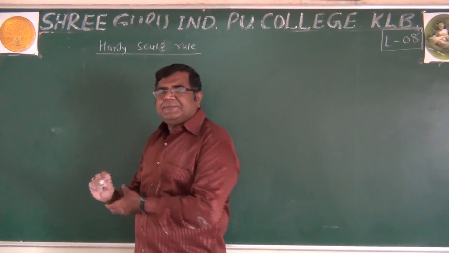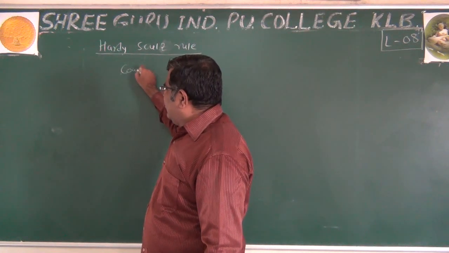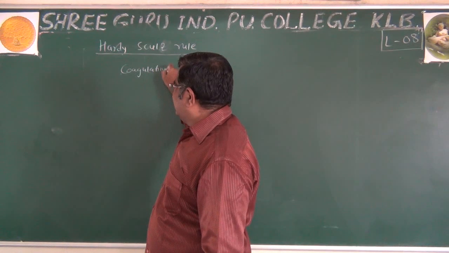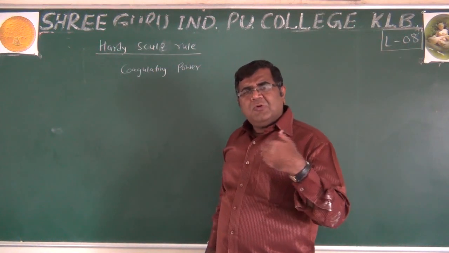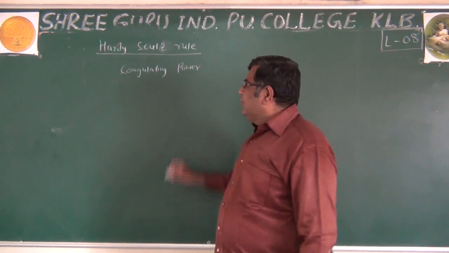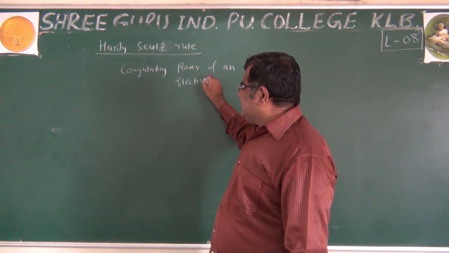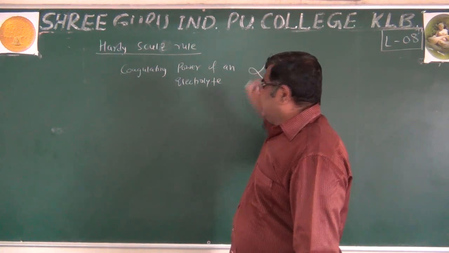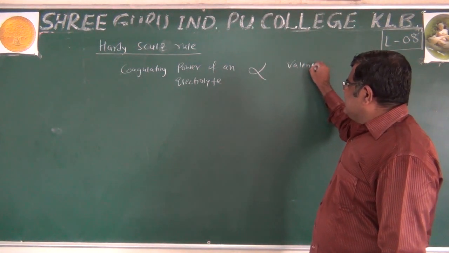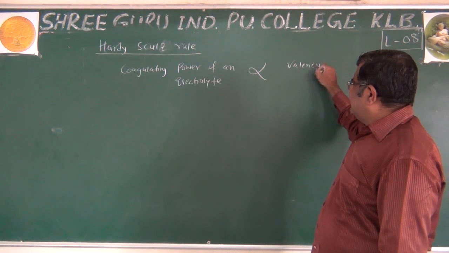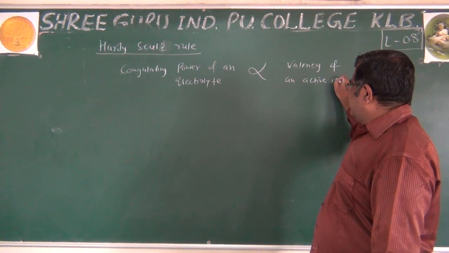Now what is this rule? The rule says that coagulating power, meaning power to cause coagulation, of an electrolyte is directly proportional to the valency of an active ion.